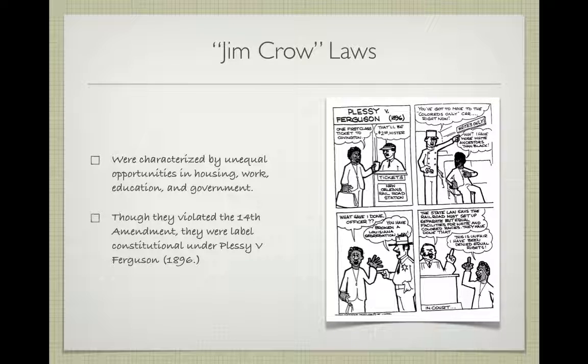And the reason is that the only one that can overturn a Supreme Court decision is the Supreme Court. And Supreme Court justices are not elected, they're appointed, and they serve for life or until they decide to retire. So you basically have to wait till all the Plessy v.